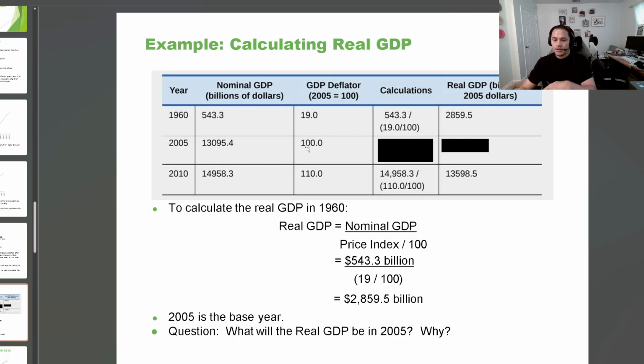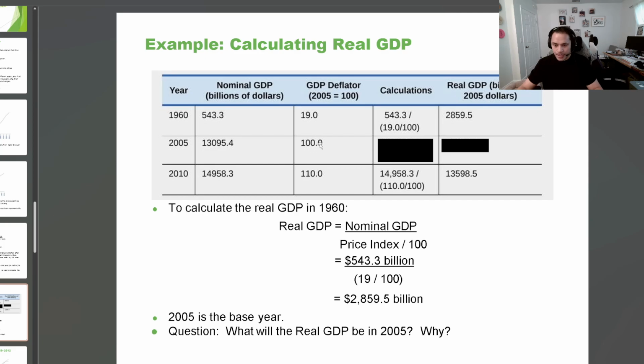If we would have chosen 2010 to be the base year, then the GDP deflator, or price index, for 2010 would be 100. So whatever year you choose as your base year, that's going to set that price index at 100, and everything after that is going to be subject to the changes in the price level.